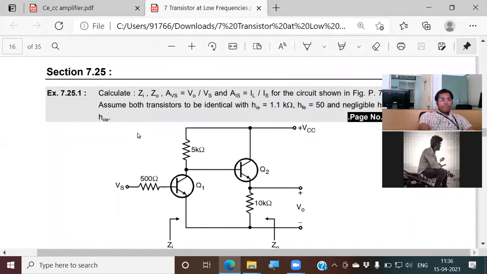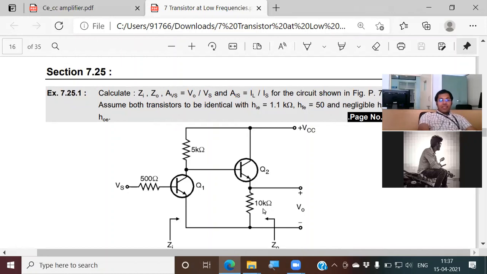Then what are the other values? RS, this is RS 500 ohm. RC1 5 kilo ohm. RE2, RE2 10 kilo ohm.